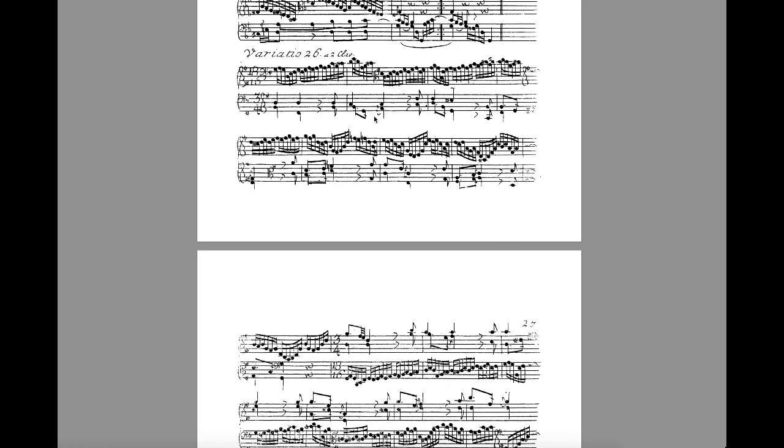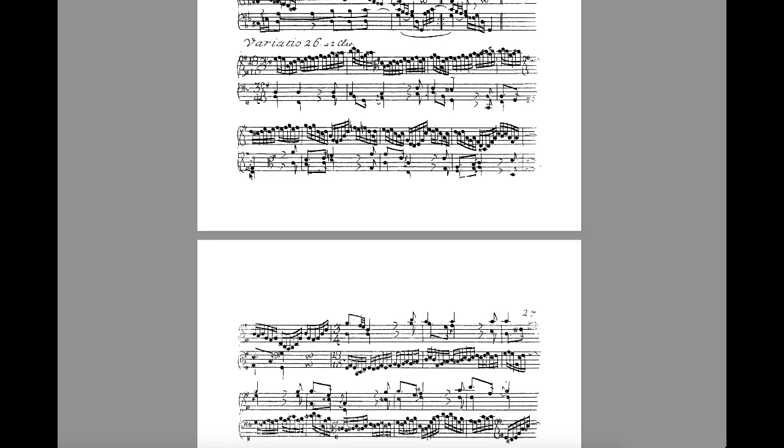You see these little tiny notes right here where I'm circling with the mouse. There's a small note there with a little slur. And then there's a little tiny note there. You can see it's just barely legible right here.